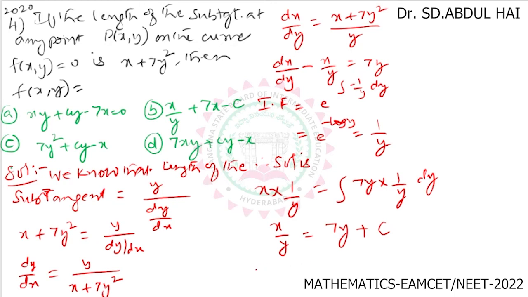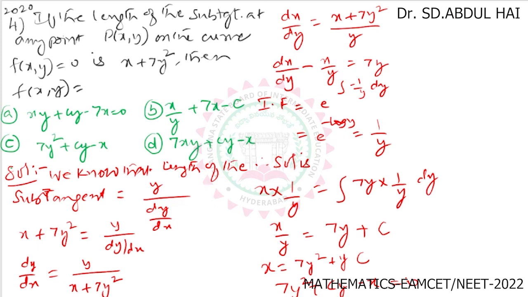On cross multiplying, it is nothing but x equals 7y squared plus yc, or if I transfer to the left hand side, this is nothing but 7y squared plus cy minus x equals 0.